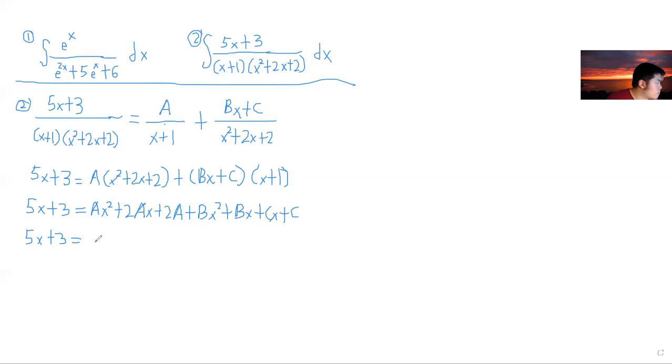All right, so it's x squared, a plus b. How many terms are there? 1, 2, 3, 4. Okay.